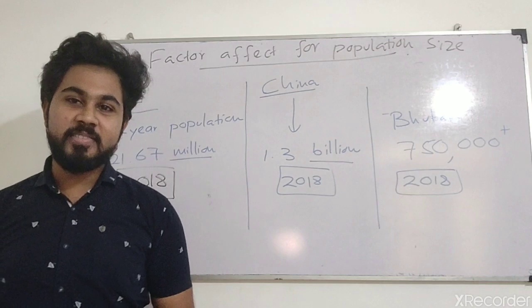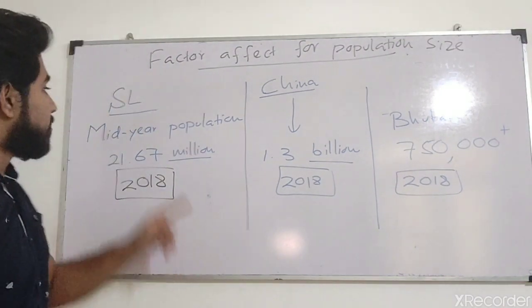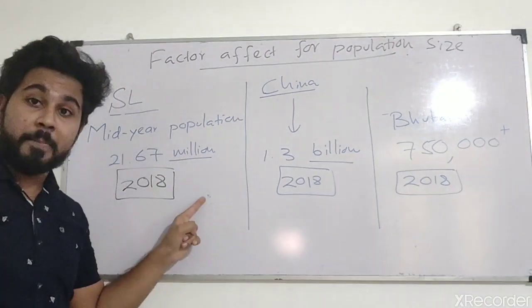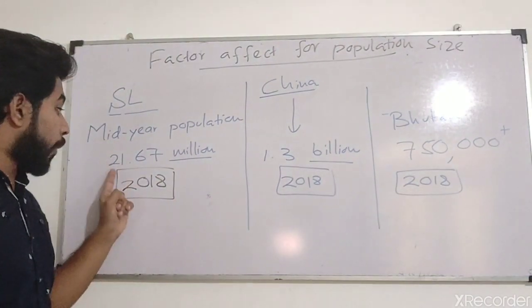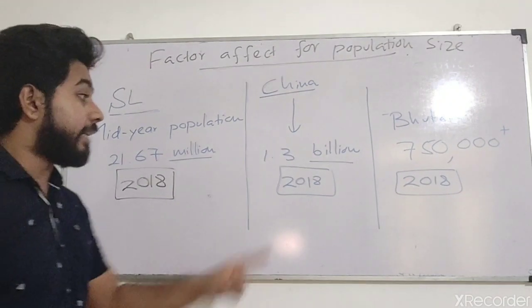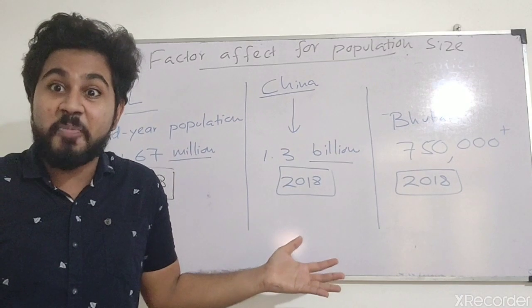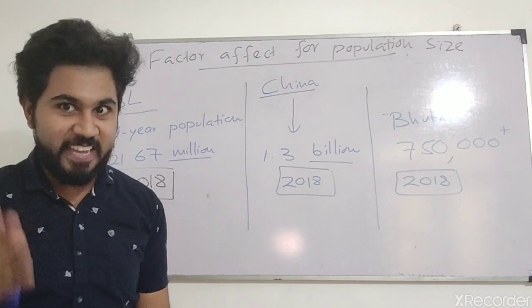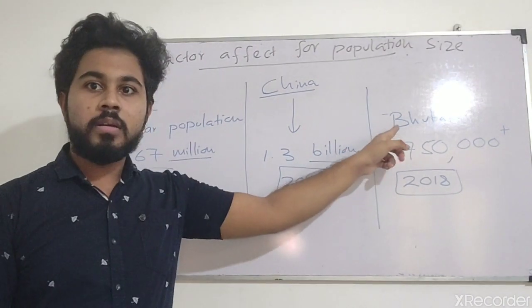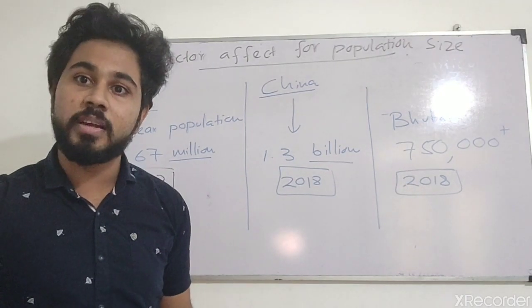So my dear students, now you can see a specialty. What is the specialty? In Sri Lanka, our mid-year population was 21.67 million. It is a million value. In China, it was a billion value. It is the most populous country in the world. But in Bhutan, it is a thousand value, 750,000.